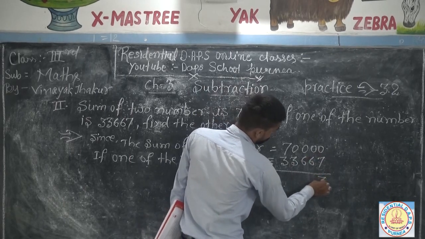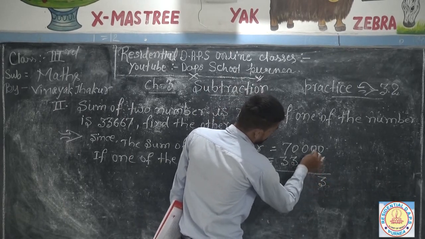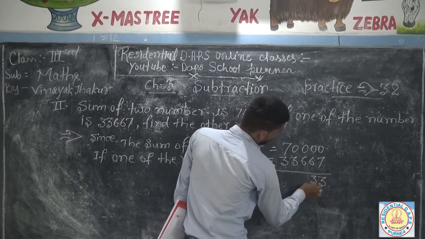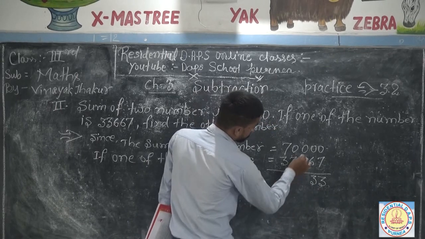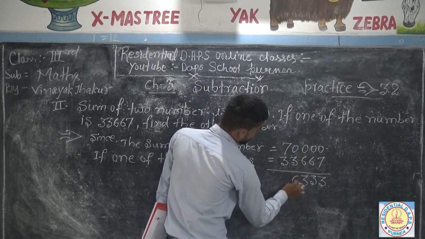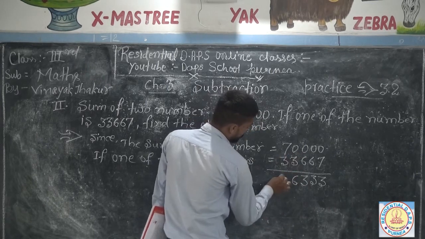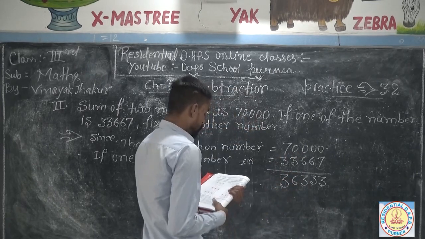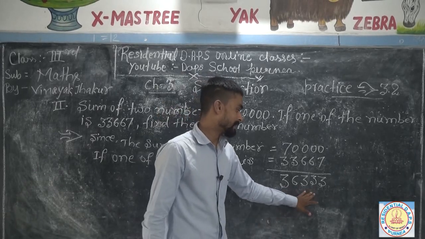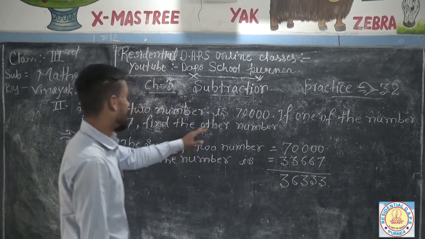So the digits, and at last 3. So guys, your answer is 36,333, the other number.